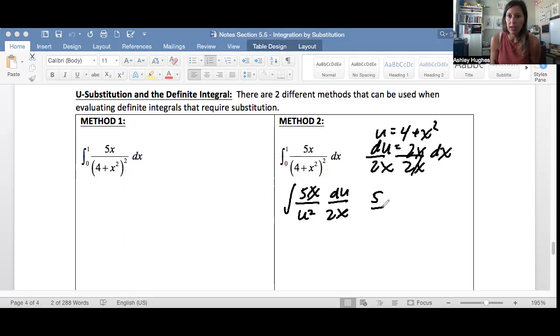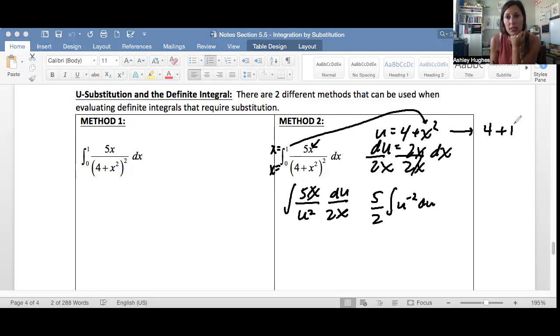So then it's 5/2 u to the -2 du. You can change the bounds if you want. So these are understood to be x equals because these are the x variables. So x equals 1. Well, if I plug it over here, then that means that u would be 4 plus 1 squared, so 5. And if x is 0, then u would be 4 plus 0 squared, which would be 4.